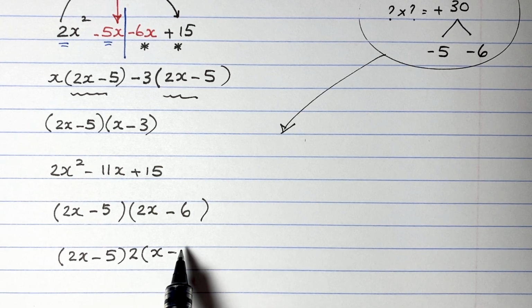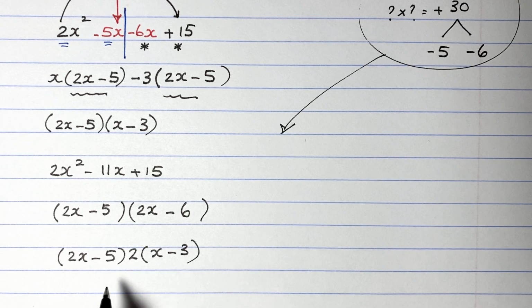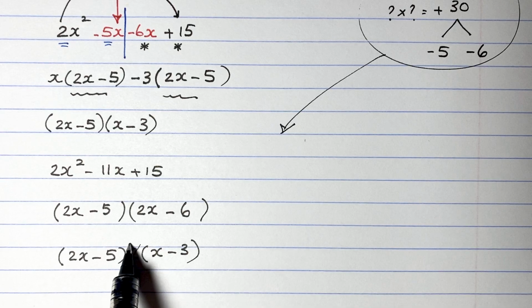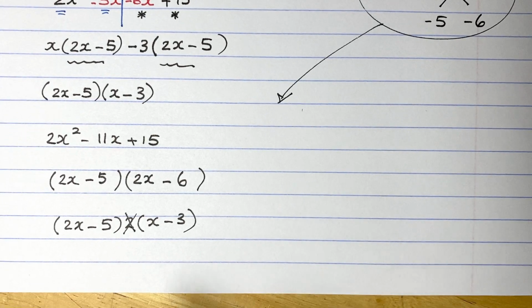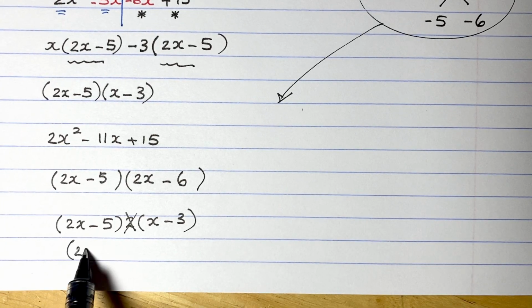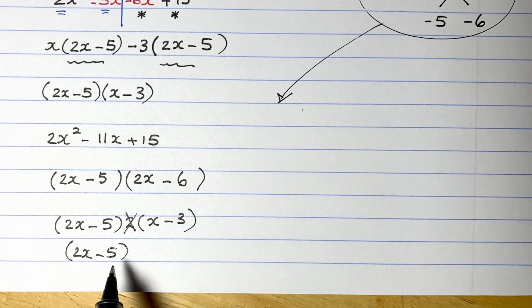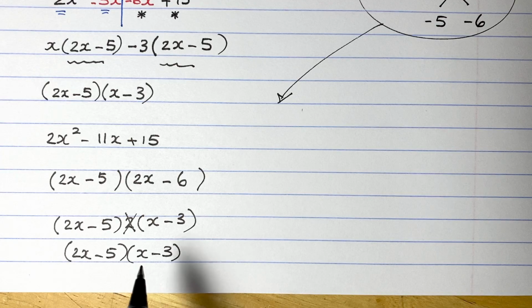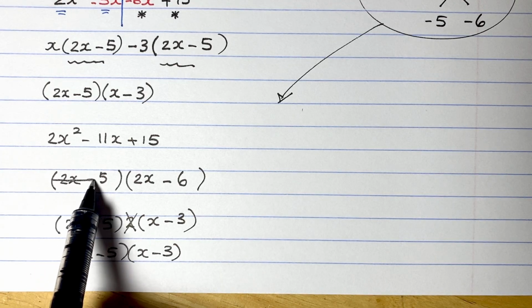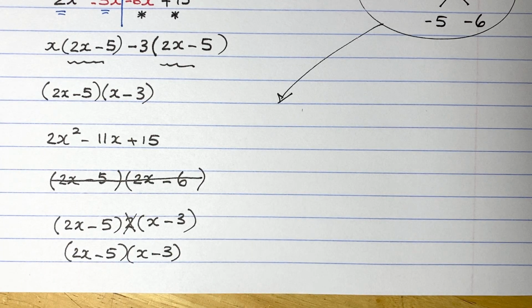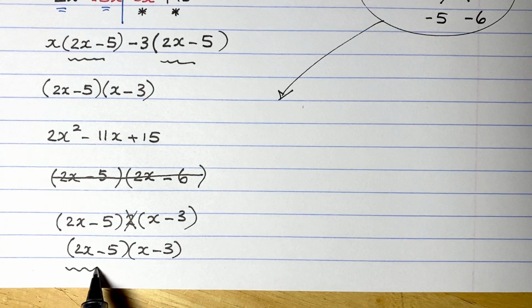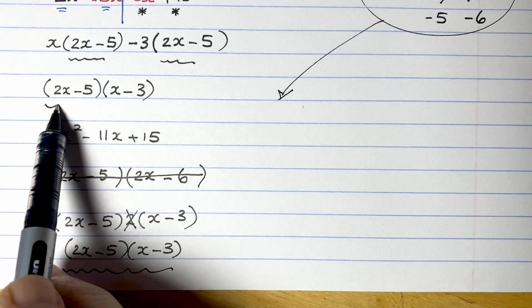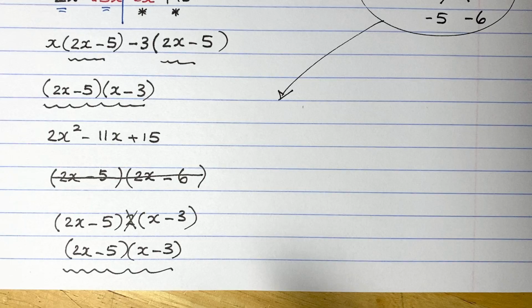Divide by 2, divide by 2, and then get rid of that 2. And rewrite the question again without any crossing out in between, just for clarity. And then get rid of the wrong assumption to start with. And you can see this answer and the previous answer are the same.